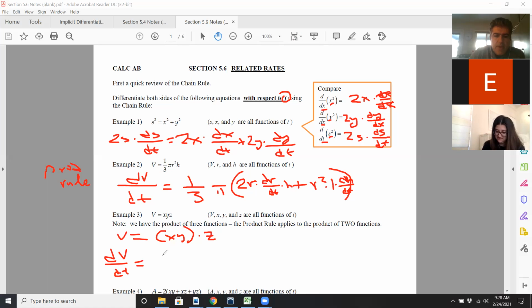And then I'm going to write this first: xy prime times z plus xy times z prime. And off to the margins here, let's work out xy prime. That's going to be 1 times dx/dt times y plus x, and the derivative of y is 1, but times dy/dt.